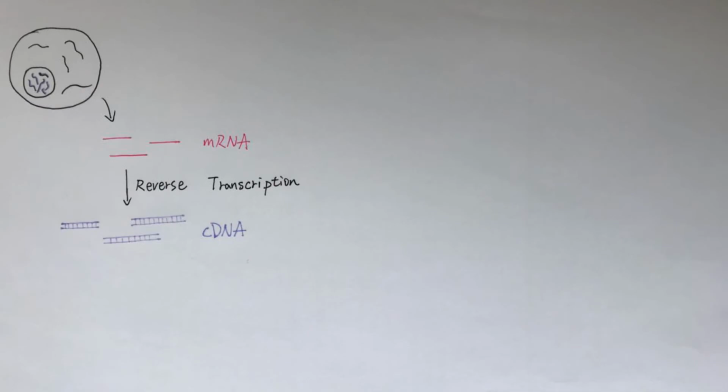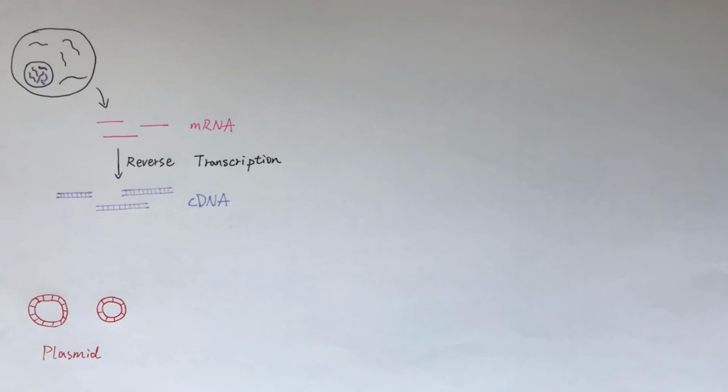It is going to take the RNA and put together this double-stranded DNA that we are going to refer to as cDNA. The next step, of course, is to get the cDNA into the bacteria. We do this using a plasmid. The plasmid is a circular piece of DNA that the bacteria can then take up and read.